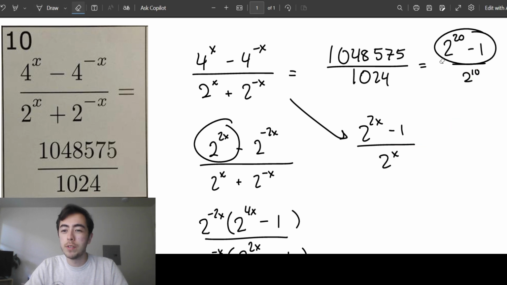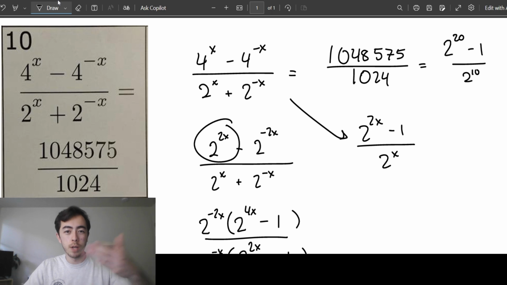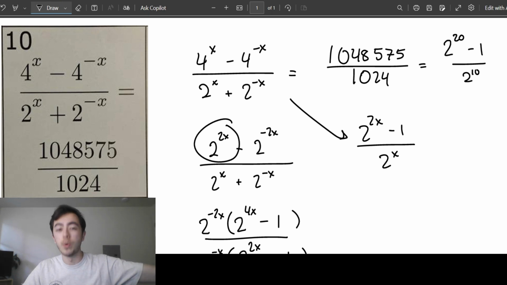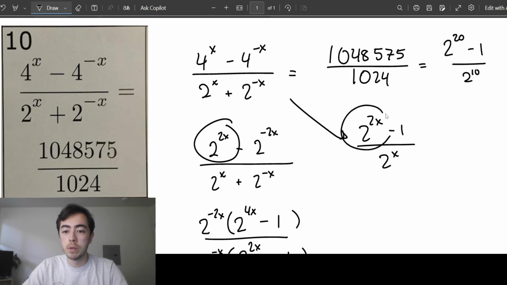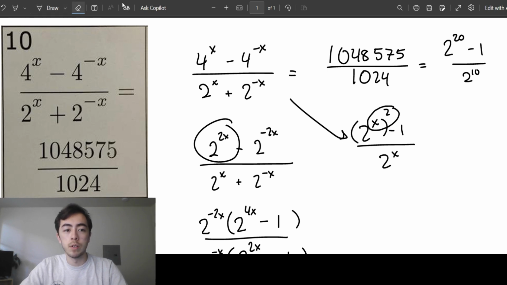Now, 2 to the power of 20 will take a while to compute if we just think about it as 2 times 2 times 2 times 2, 20 times. However, we can use an exponent rule we used earlier, just in reverse, where maybe I'll rewrite it like this, where I multiply this x and the 2 to get the 2x that I had before.